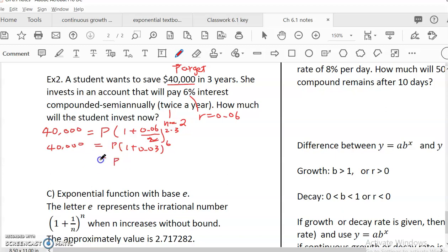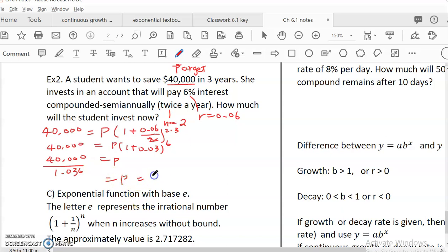So P would equal 40,000 divided by 1.03 to the 6. So we can calculate P, put in the calculator, 40,000 divided by 1.03 to the power 6. Okay.